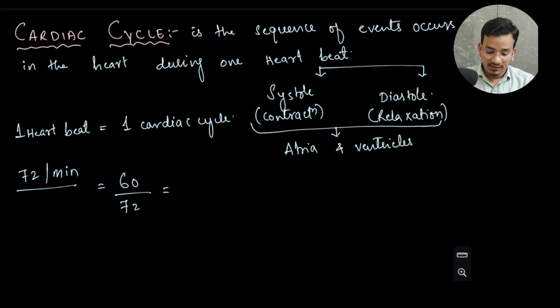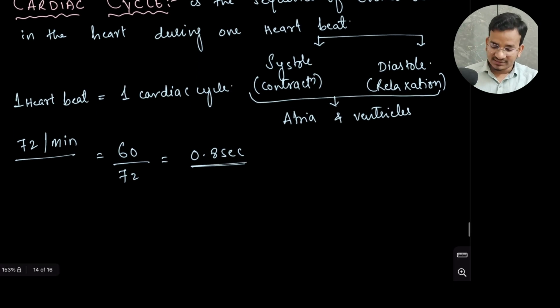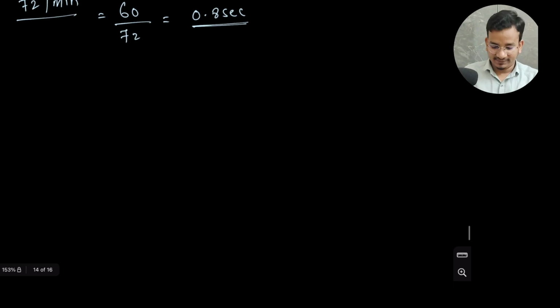Each heartbeat is one cardiac cycle, so 60 divided by 72 gives about 0.8 second. So the duration of a single cardiac cycle is 0.8 second.